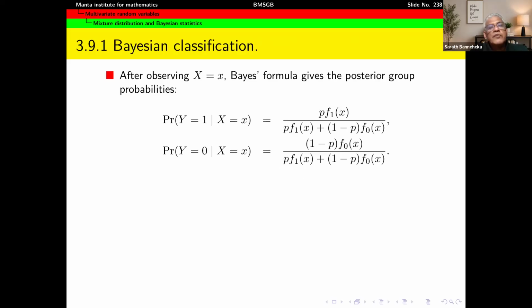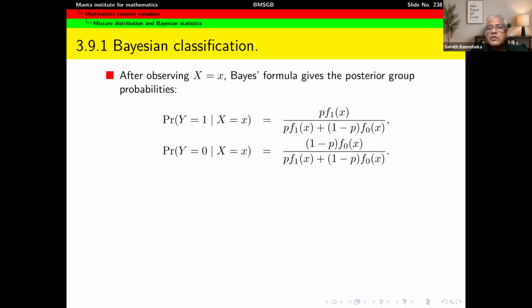Now, after observing some value for x, can we guess or predict from which group that observation came? That is an interesting question, right? You may not be able to guess exactly correctly, but you may be able to say how probable it is that the observation is from group one, and thereby how probable it's from group two, right?